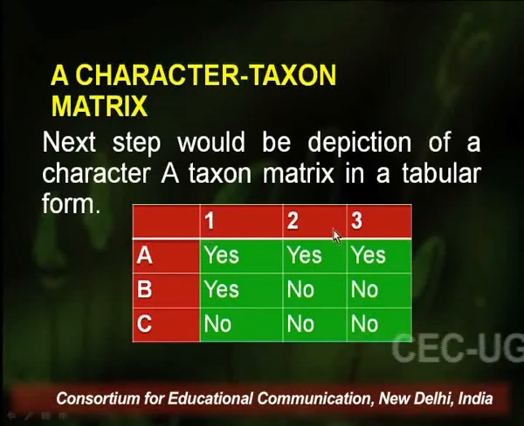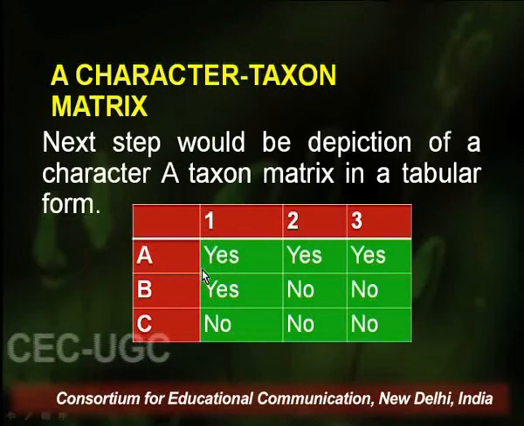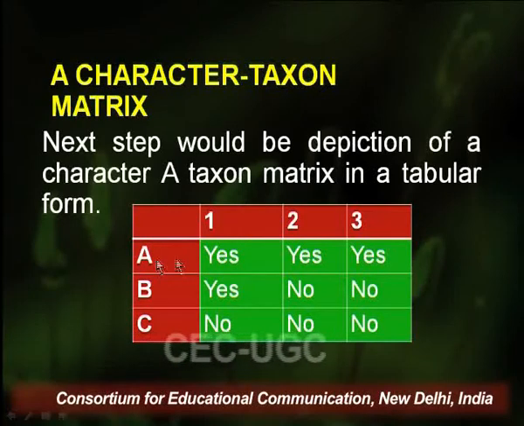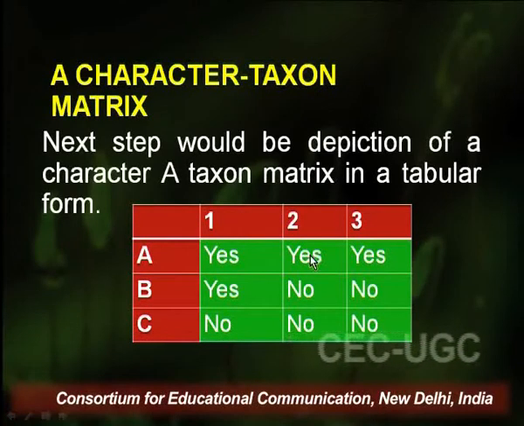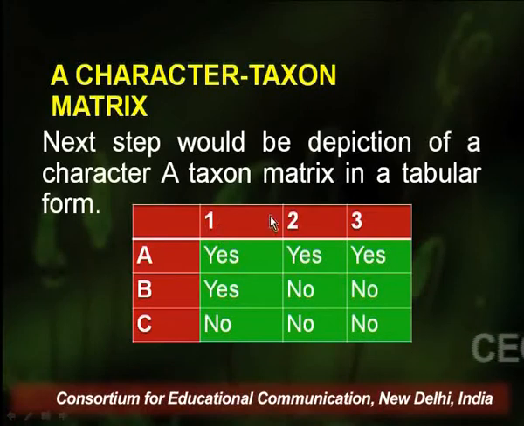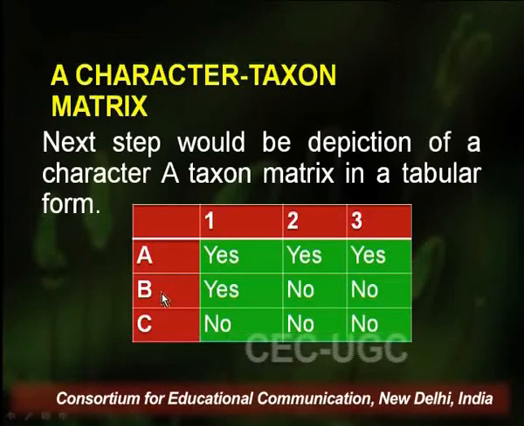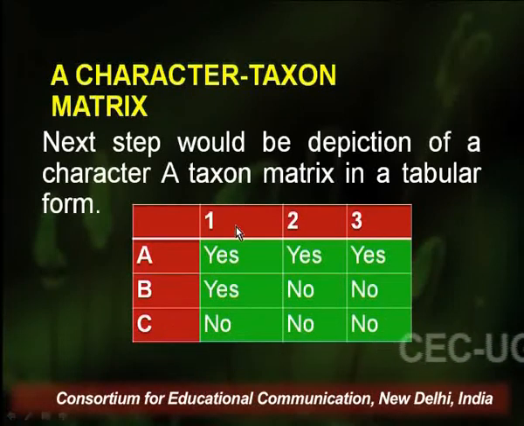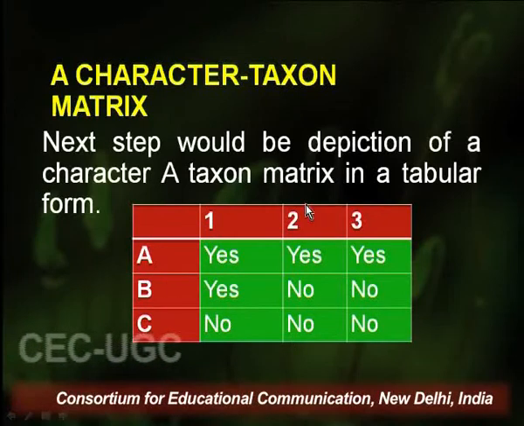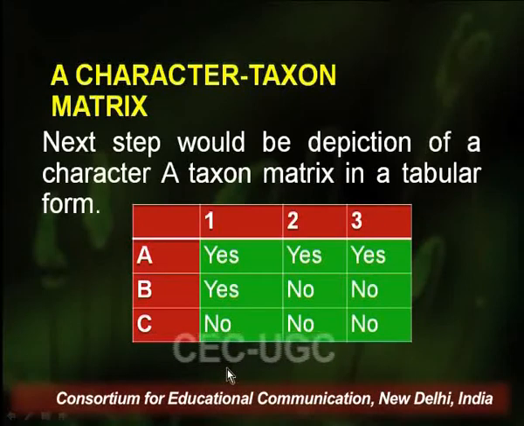These are the characters and these are the taxa, and we find out the presence of that attribute in a particular taxon. So in this we can see characters 1, 2 and 3 are present in taxon A, whereas only character 1 is present in taxon B and C shows no presence of any of these attributes or characters. So in this manner we create a character taxon matrix.